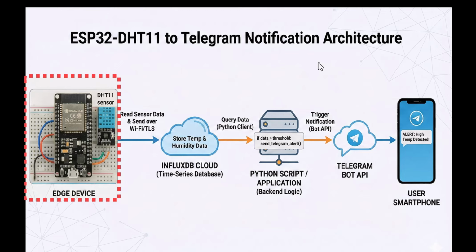So we have here ESP32, which is connected to DHT11, and there is the code behind that, which I will explain in detail, and how it will gather the data and push it to InfluxDB. So we have here InfluxDB as a cloud version.